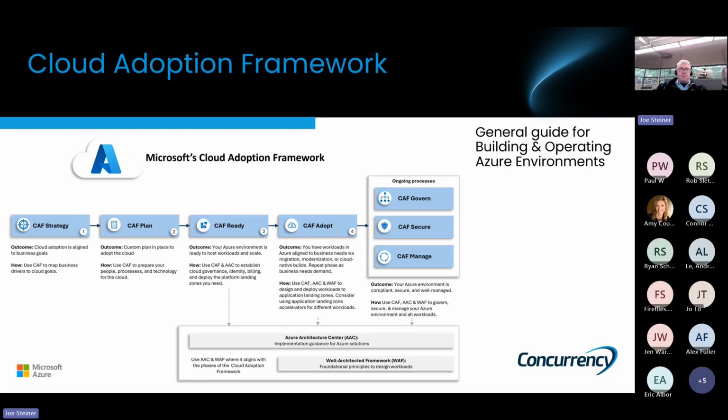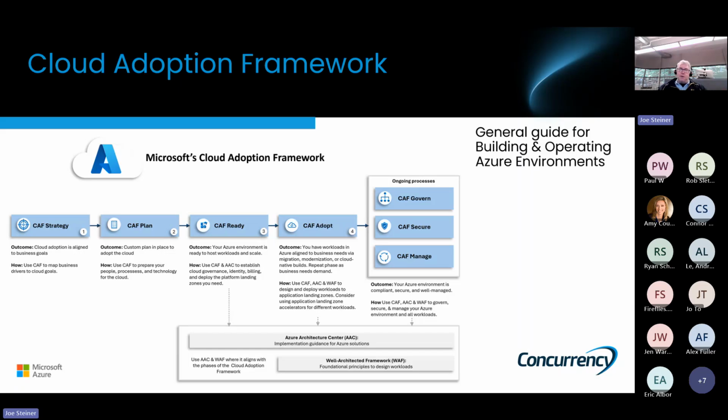The first 4 steps there, from strategy to plan to ready to adopt, are really about entering and putting workloads in the cloud for the first time. Whereas the govern, secure, and manage sections of the cloud adoption framework are intended to be ongoing, recurring. You're cycling through those, continually reviewing your environment, continuing to improve upon what you're doing up there, and moving further along in your maturity model, which we'll talk about a little later.